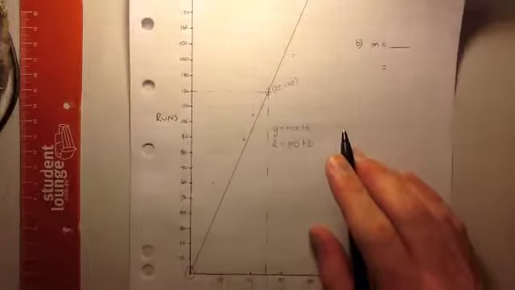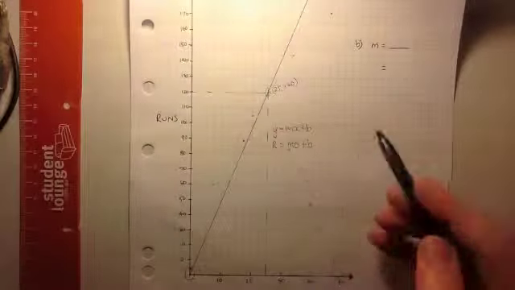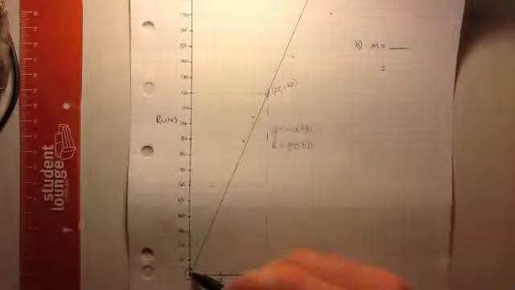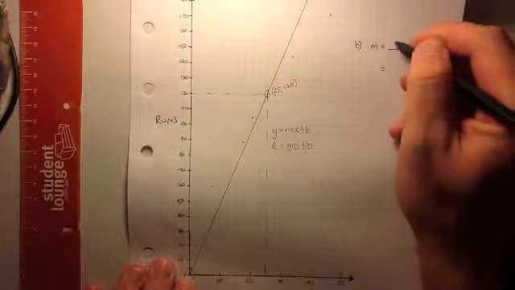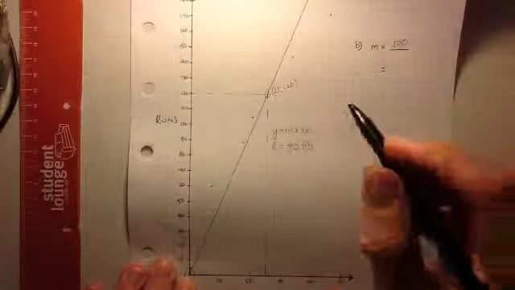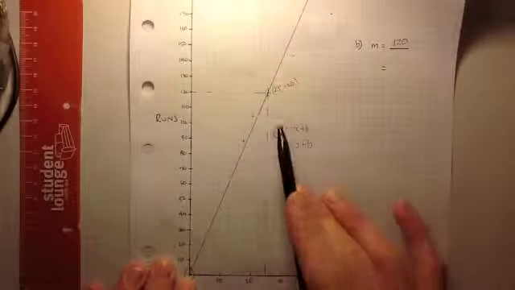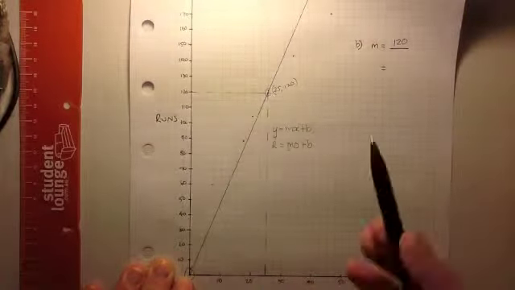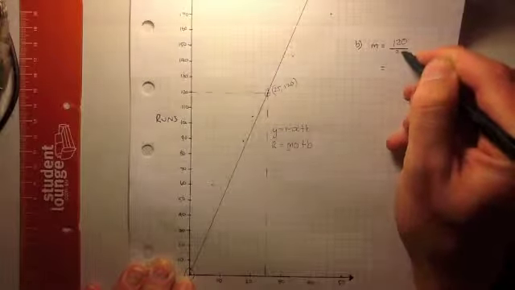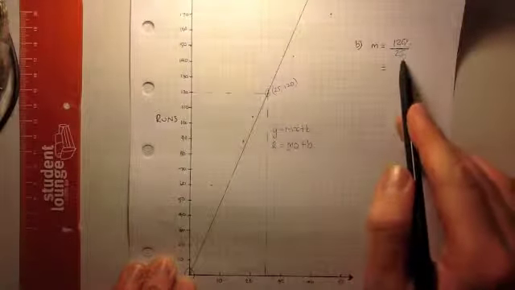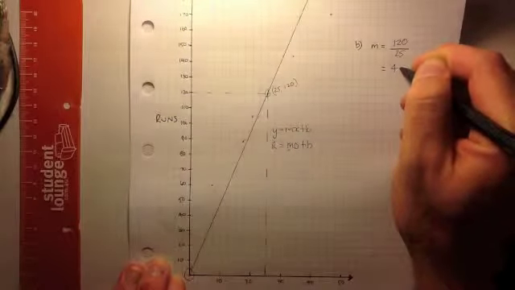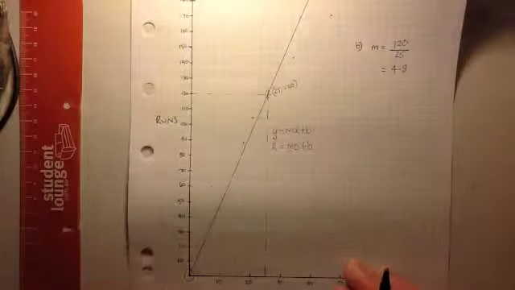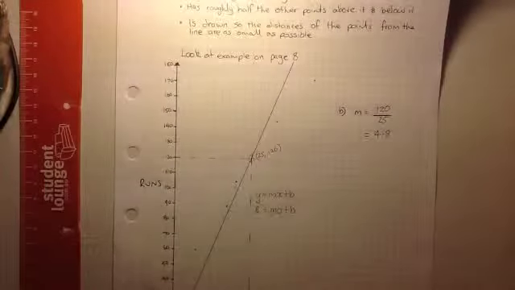Well, looking at my 2 points, my change in rise, so from 0 to 120, my change in rise is 120, and my change in run from 0 to 25 is 25. 120 divided by 25, do that on your calculator, and you'll get 4.8. So 4.8 is our gradient.